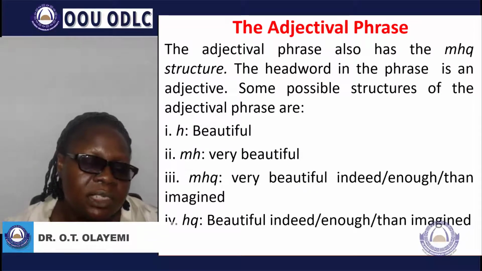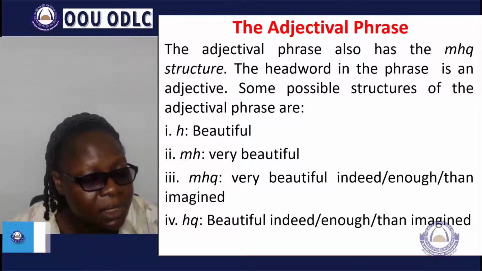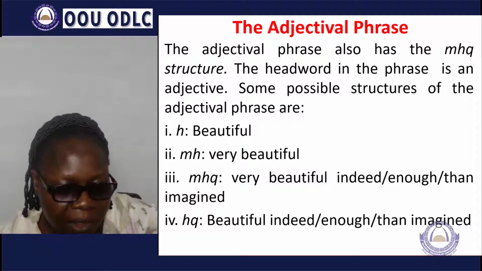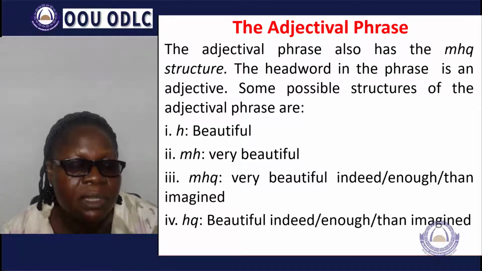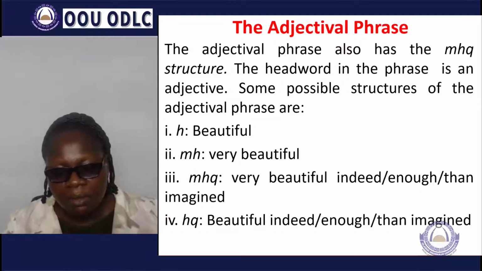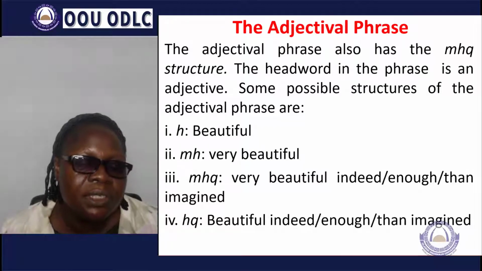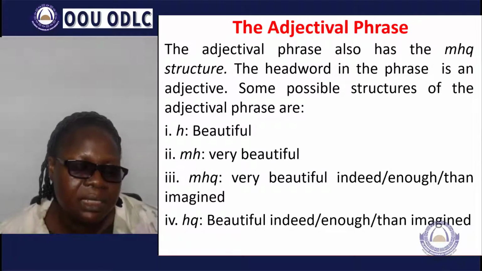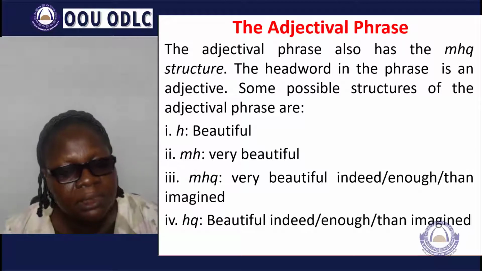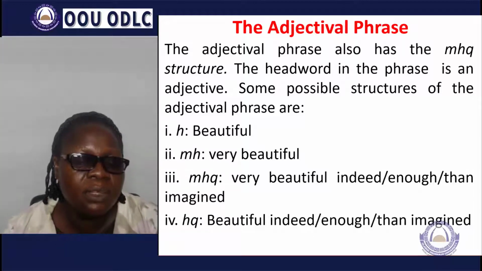Another structure of the adjectival phrase is that which contains the head word and the qualifier. A very good example is beautiful indeed. You can consider the sentence, she is beautiful indeed. The focus is on the adjectival phrase, beautiful indeed, where you have beautiful as the head word.